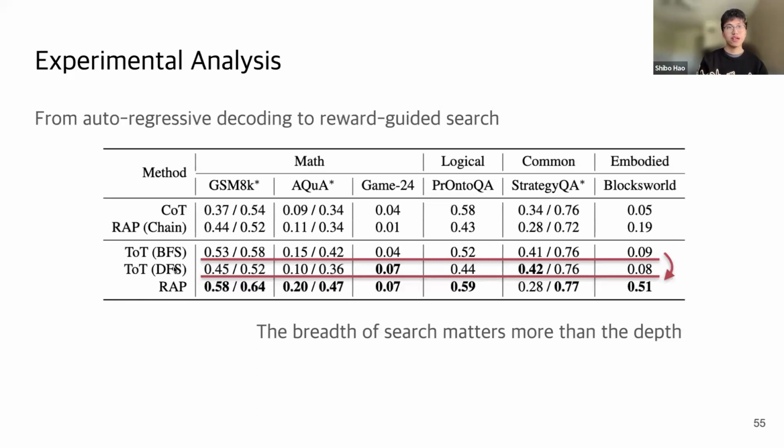So in most cases, we really want to enlarge the breadth of the search, except on this domain where the search space is quite small, and if you have a good intuition at the early steps, it's fine to explore more at the end of the reasoning chain, and that gives you some benefits.